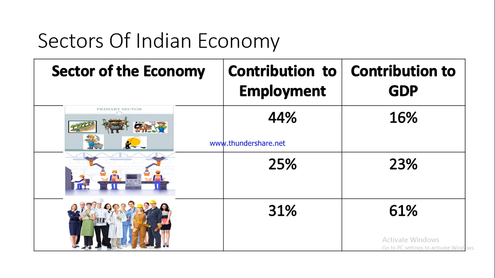So if it has to improve its contribution to the Indian economy, it will have to improve its efficiency. And this is also giving an idea why specifically the agricultural sections of Indian society are facing so many hardships nowadays.